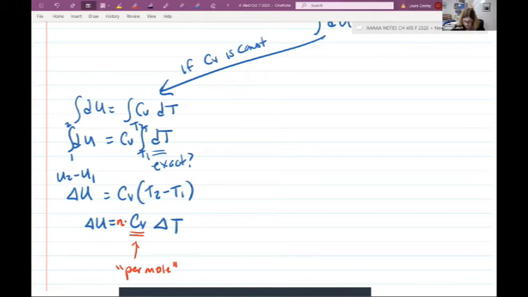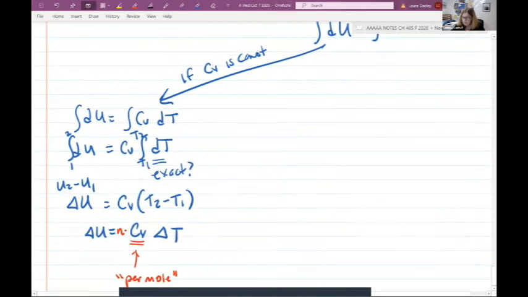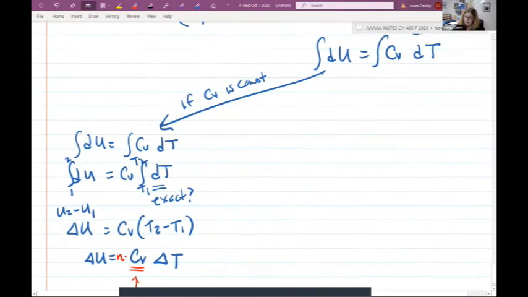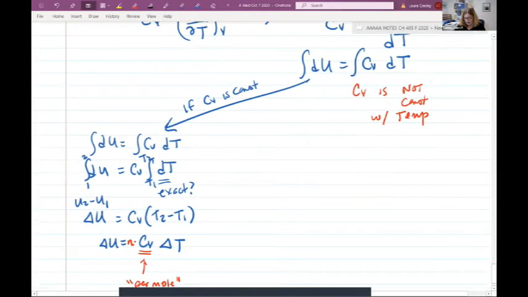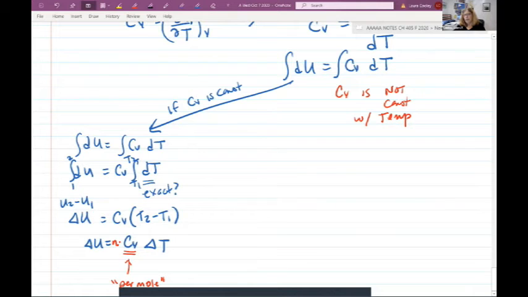But the other thing that can happen is that CV is not constant with temperature. This is especially important if you're integrating over a very wide range of temperatures. Then you have to know how CV depends on T, and you really couldn't simplify this.